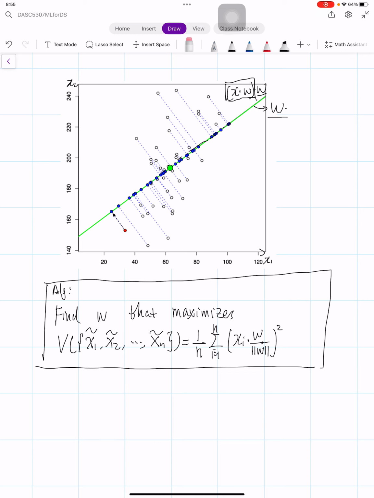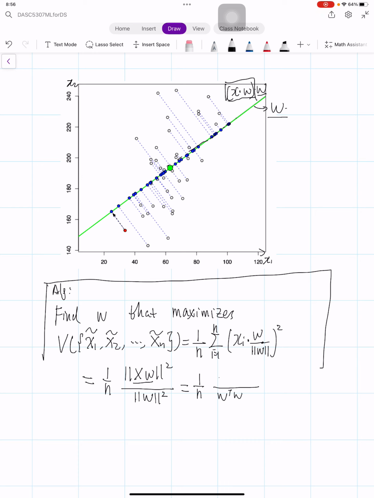This can be rewritten as 1 over n, the norm squared of X times W, divided by the norm of W squared, which can also be written as 1 over n, W transpose X transpose X W over W transpose W.